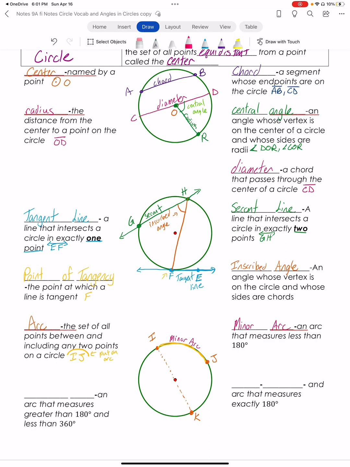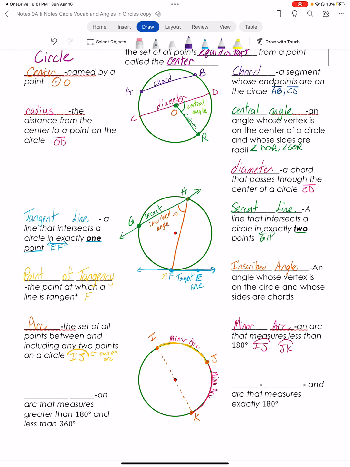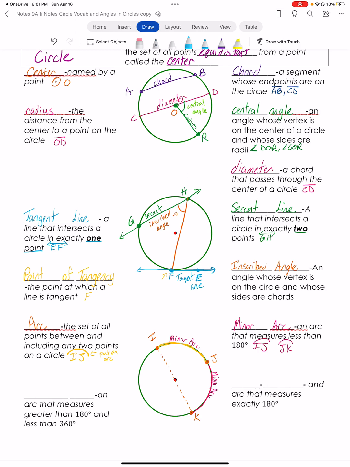Also, JK is also a minor arc. So less than 180 degrees. So we have IJ and we have JK. Next type of arc is an arc that measures greater than 180 and less than 360, which is called a major arc.